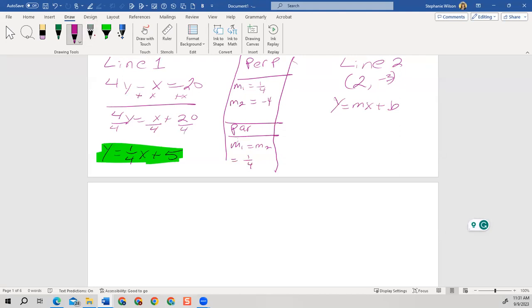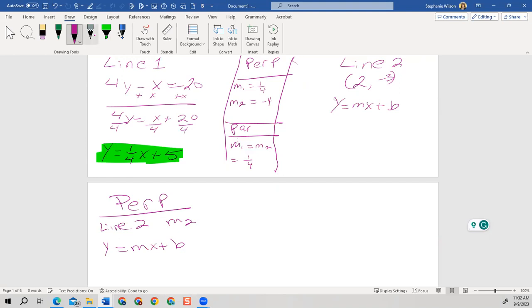So we need to do our sections. I'm going to do the perpendicular line. You could do either one first, or if the instructions tell you to do one versus the other first. Okay, so I'm going to do the perpendicular. So I'm going to take that line 2 and slope 2, and I'm going to say y is equal to mx plus b. If you want to use the point slope formula, you go right ahead.